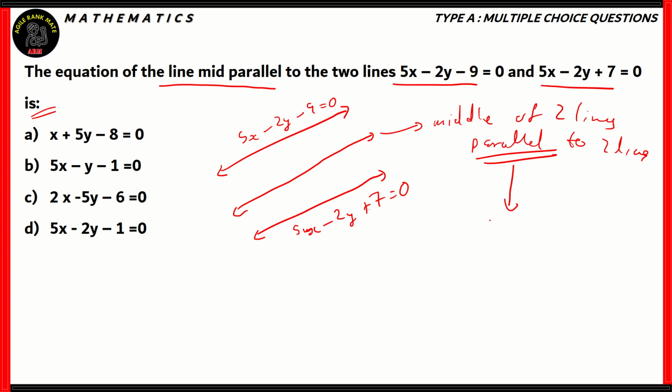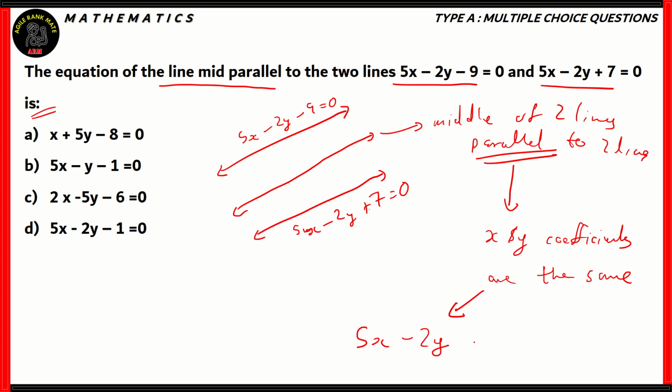If a line is parallel to any other line, it means that its x and y coefficients are the same. What changes is the constant. That means the equation of the line we're looking for must have 5x minus 2y plus whatever the constant would be equals 0. So this is how our new line should look.